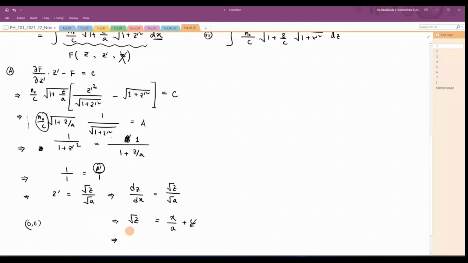Okay, so finally my z will become x squared by a. I missed two term somewhere. Yeah, integration. Here it will become 2. So z will become x squared by 4a. Finally, the path of the beam will look like to be a parabola of this form, z is equal to x squared by 4a. Is this fine?